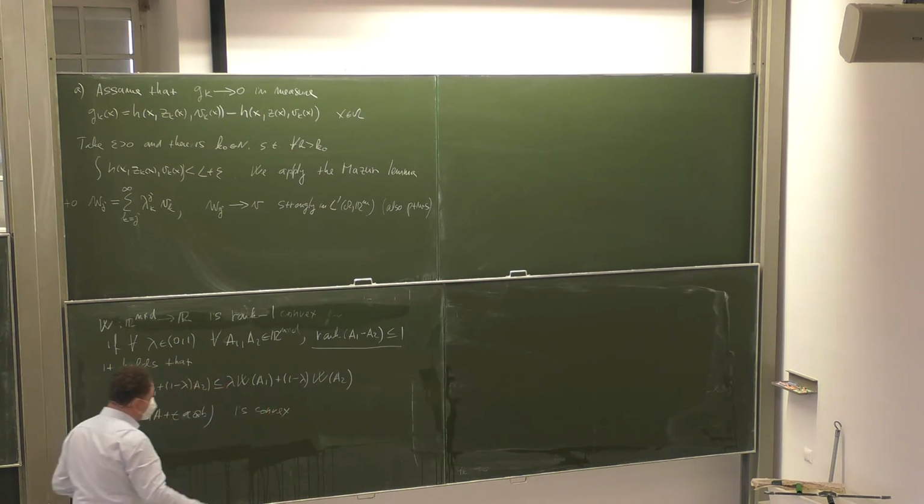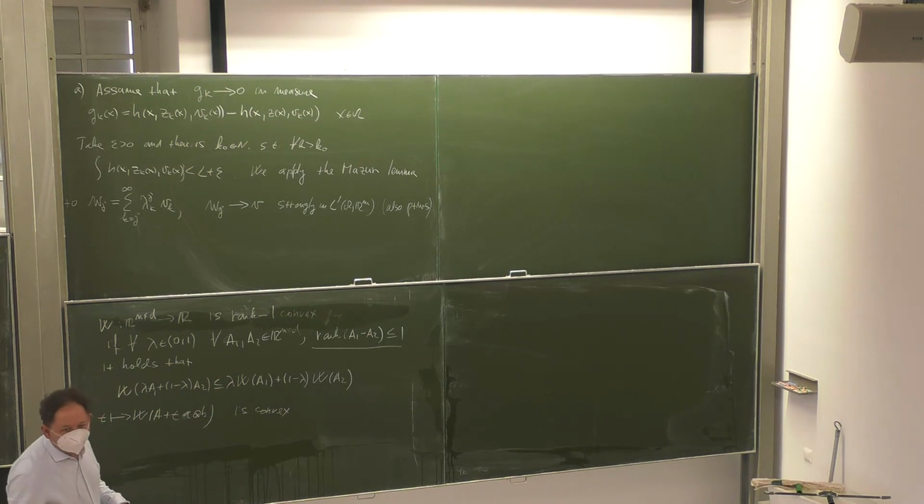So rank 1 convex functions do not have to be convex, but if you are at a point and you take a line in some rank 1 direction, you feel like you are on a convex function because you are following the convex piece. And I think it's 12, so let's meet again on Friday.